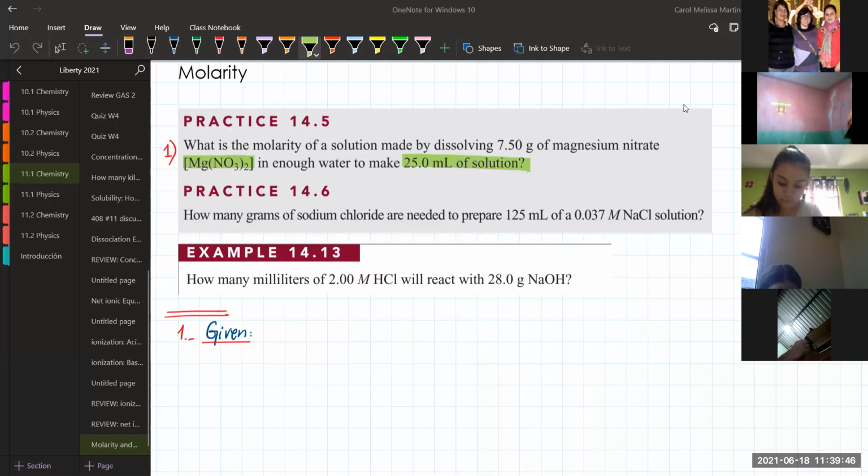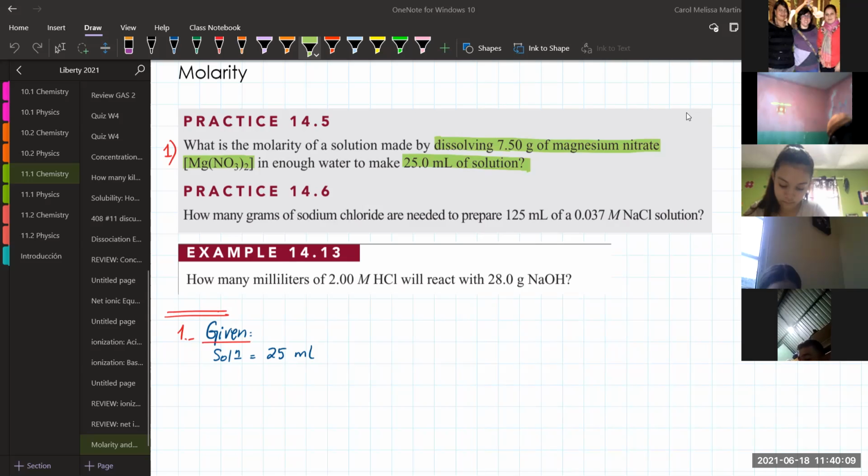So my solution is 25 milliliters. Also, the problem is giving me 7.5 grams of magnesium nitrate. And it says dissolving 7.5 grams of magnesium nitrate.